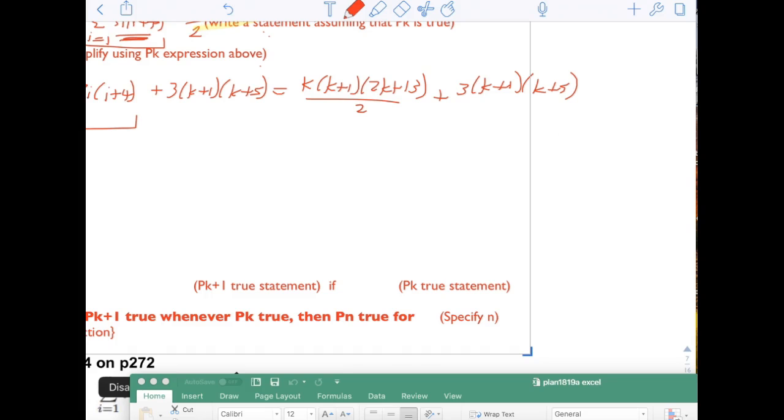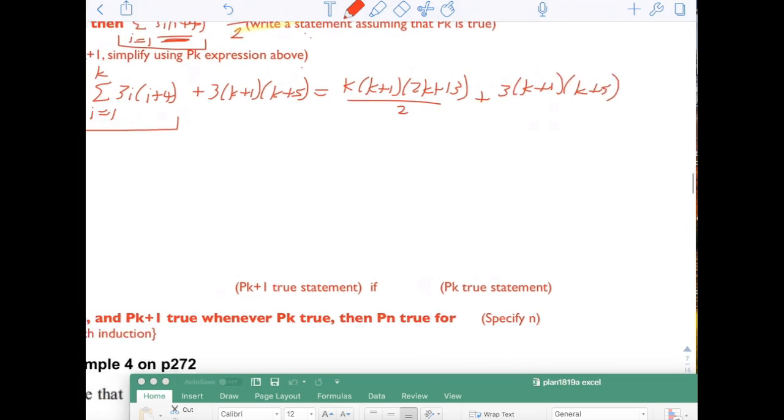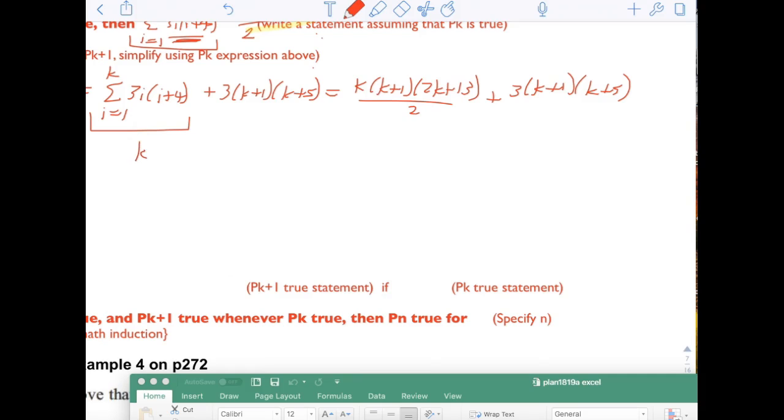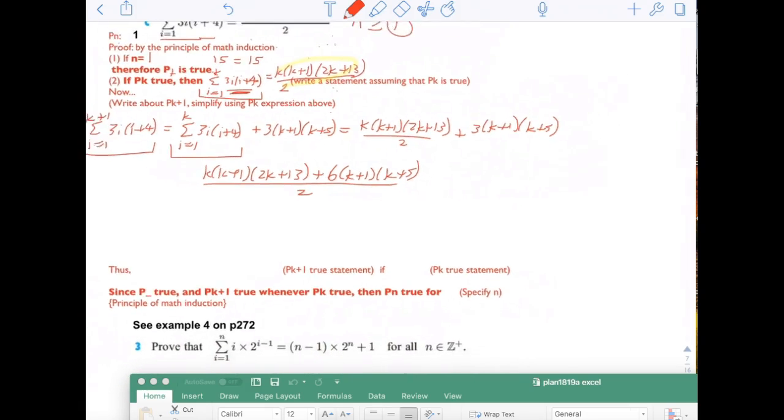Now let's put them both over a common denominator and see if we can make it a little bit more simple. This would be plus 6 times k plus 1 times k plus 5, divided by 2.